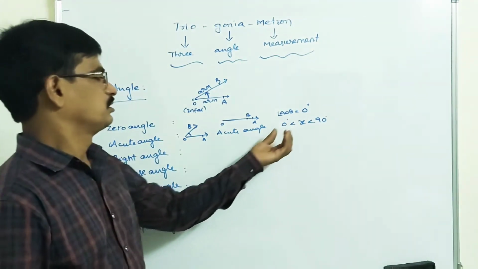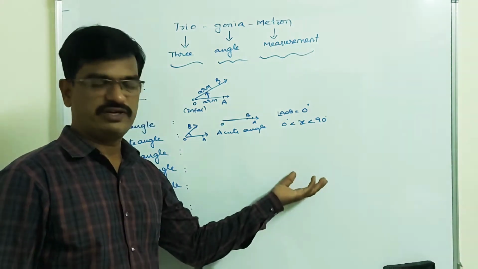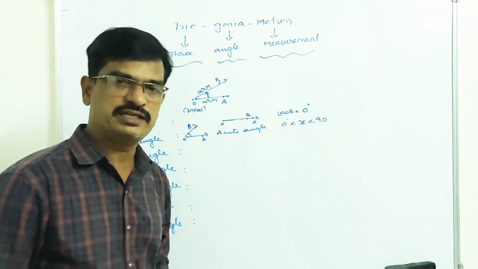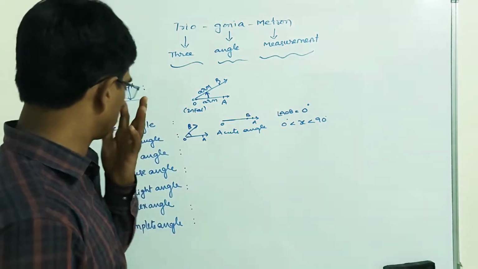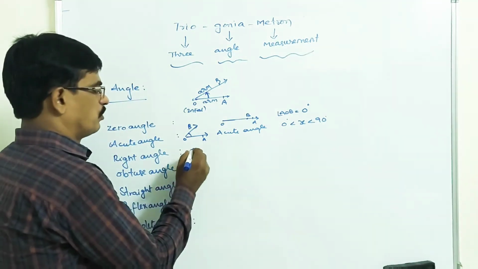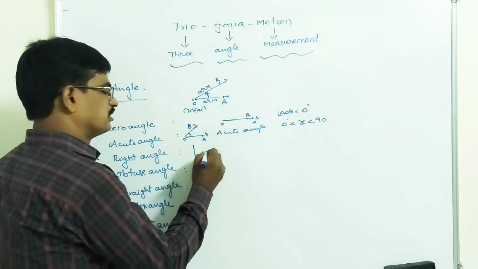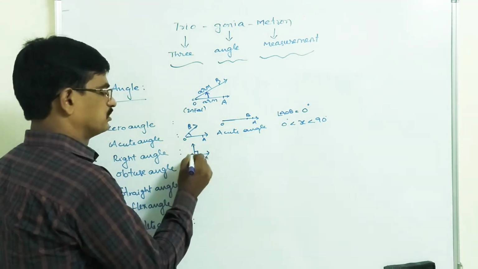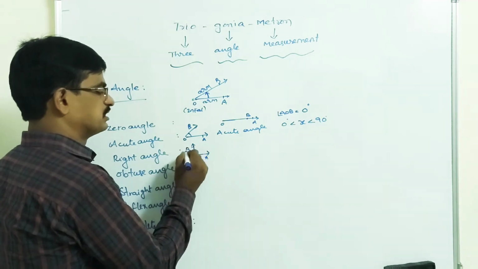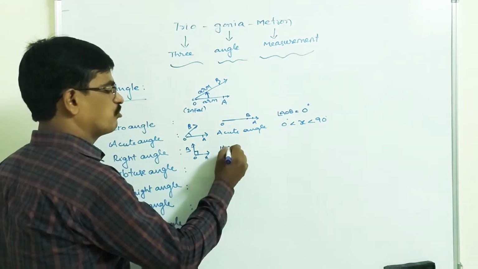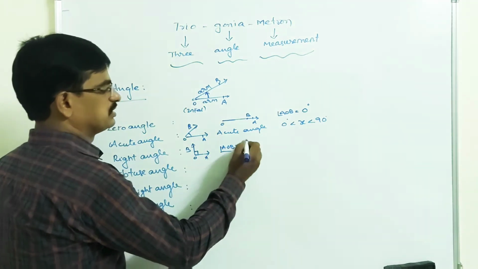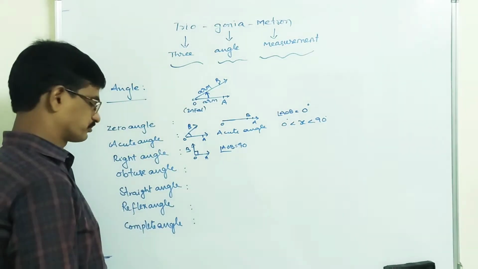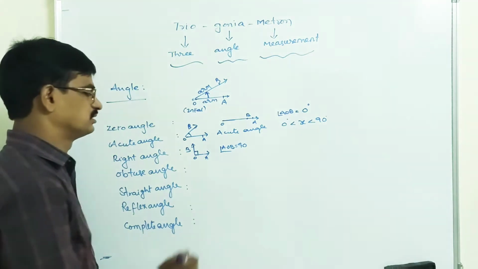For example, 45 degrees is an acute angle, 89 degrees is an acute angle, 89.5 is also an acute angle. Right angle: when the terminal side makes exactly 90 degrees with the fixed ray, then angle AOB equal to 90 degrees is a right angle.